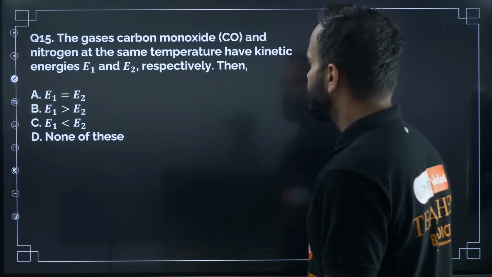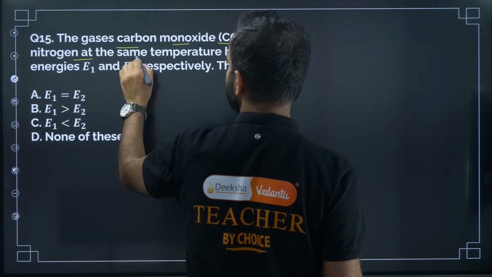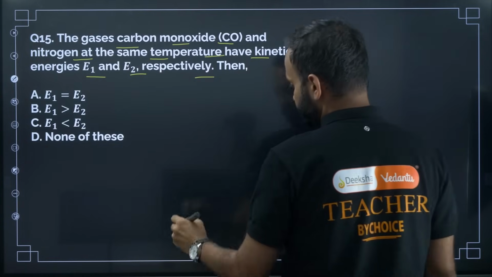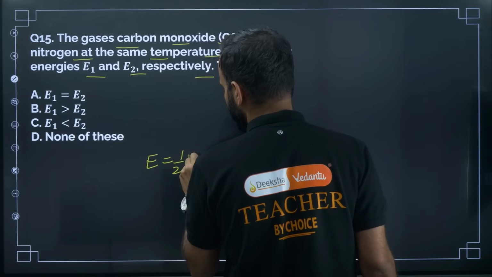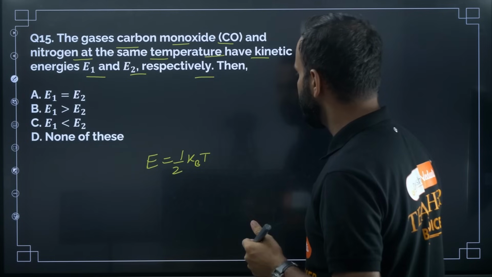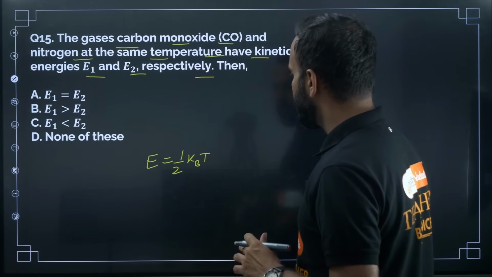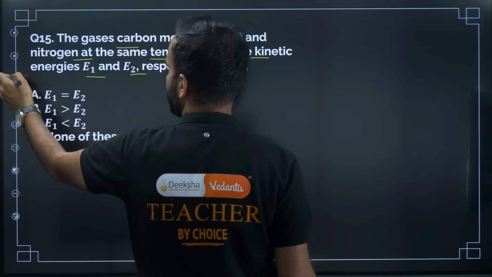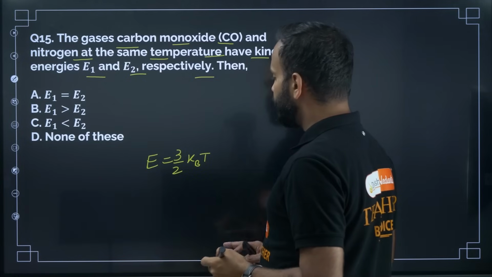Okay, yeah. Next question, question number 15. The gases carbon monoxide and nitrogen at the same temperature have the kinetic energies E1 and E2 respectively. What is the kinetic energy expression? Sorry, 3 by 2 kb into T, not half kb into T. That is the average kinetic energy expression.